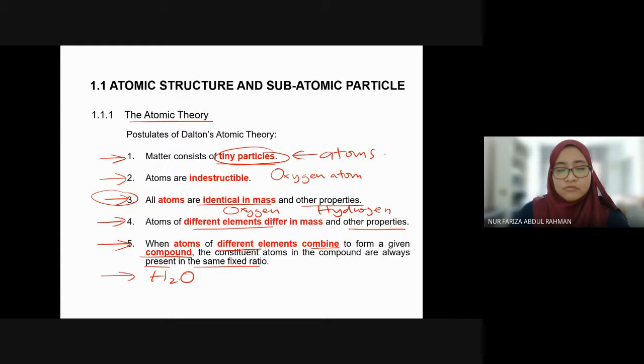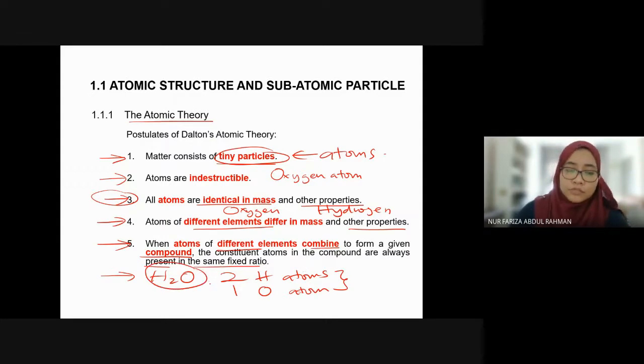For H2O, we have two hydrogen atoms and one oxygen atom. When these atoms combine, they form a water molecule.